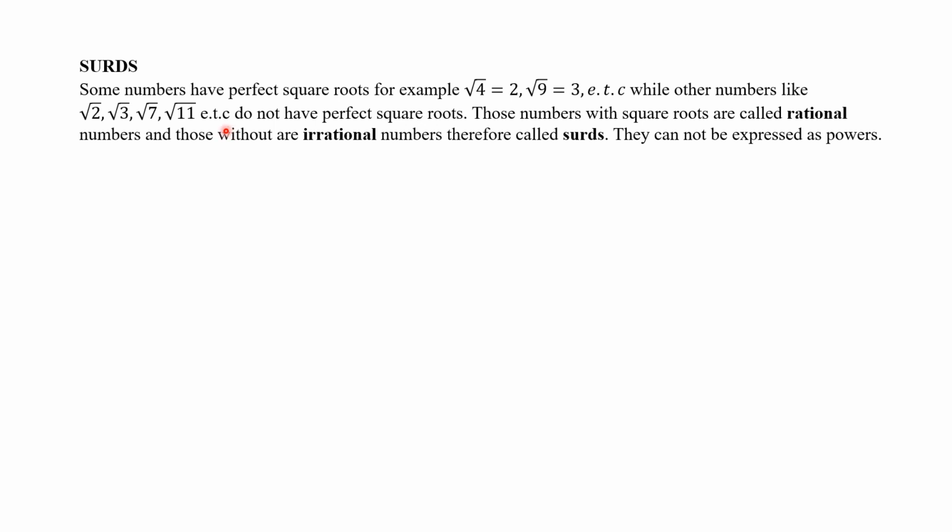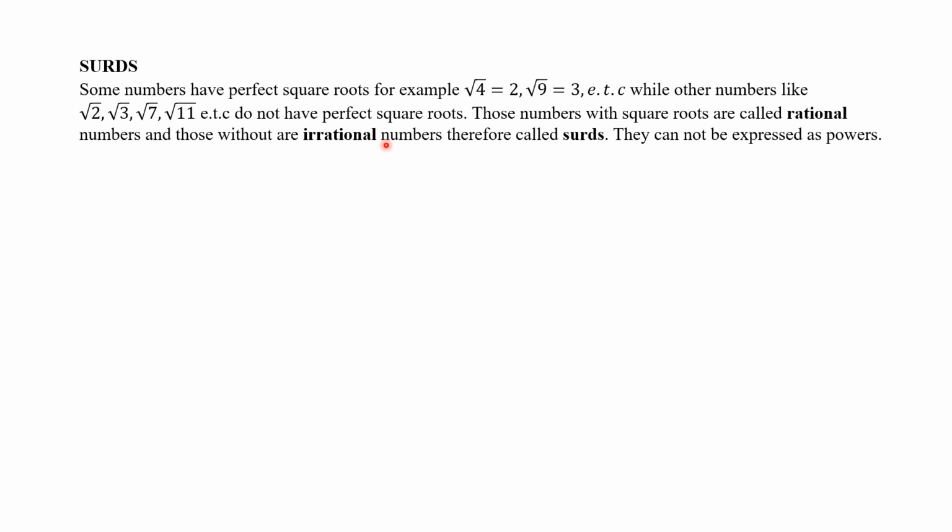Their square roots give us many decimal places when we place them on the calculators. So I can say they don't have perfect square roots, or their square roots are not whole numbers.